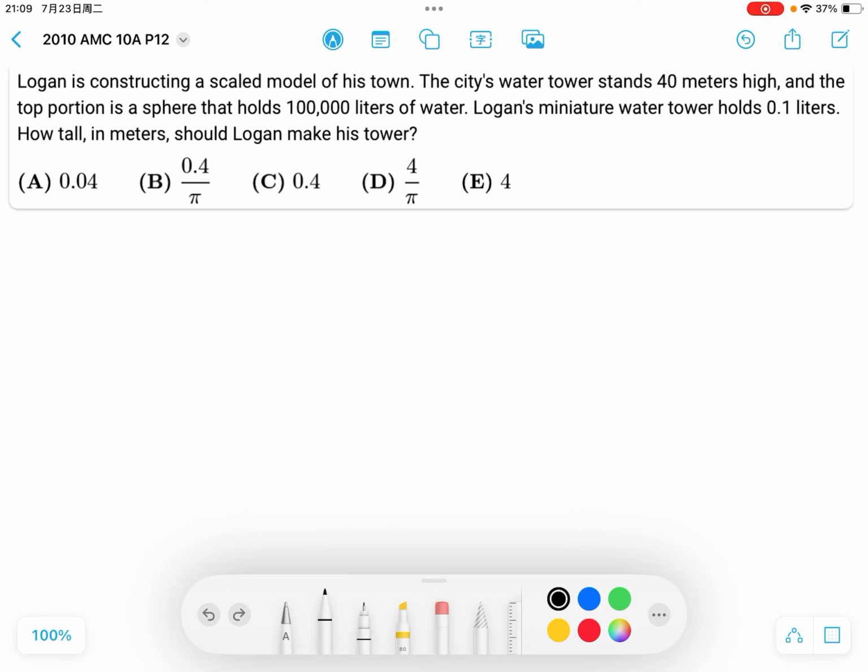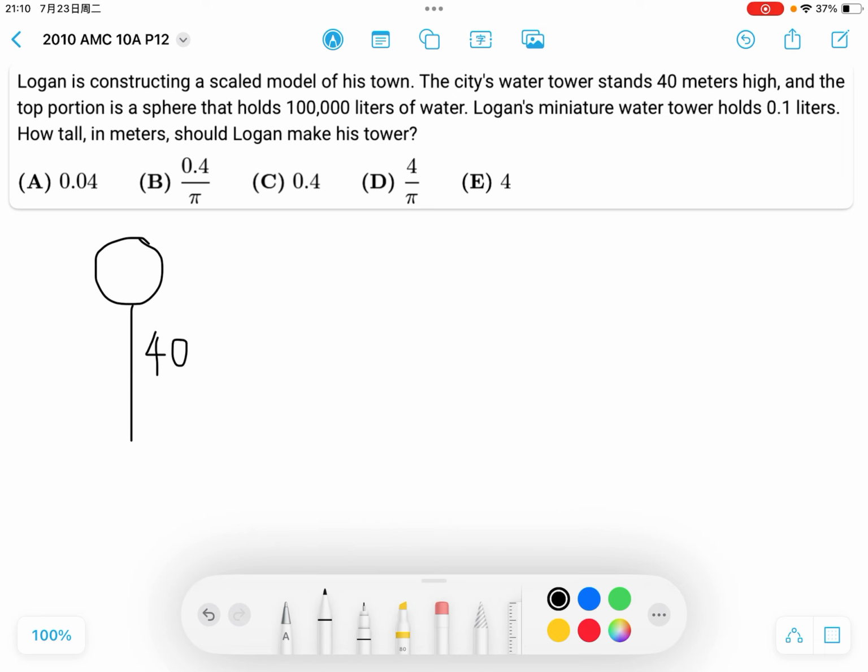So in this problem, the most important part is that we know what the scale of the model is. So how do we figure out the scale of the model? Firstly, let's draw a graph to represent the water tower. So this is a sphere, and then we have a stand for the water tower.